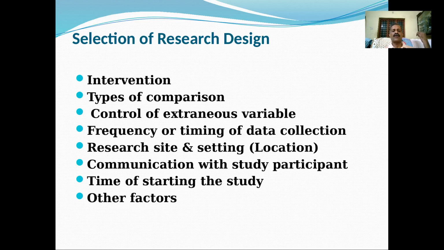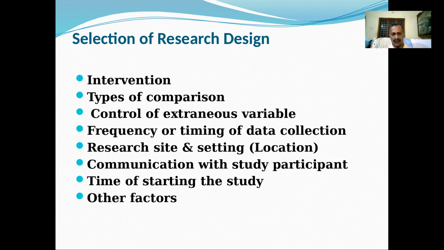According to how effectively we can control these extraneous variables, the design will vary. For example, in a true experimental design, the researcher will see that all the external variables are maintained constant, so there is no influence of any external variables on the study variables.